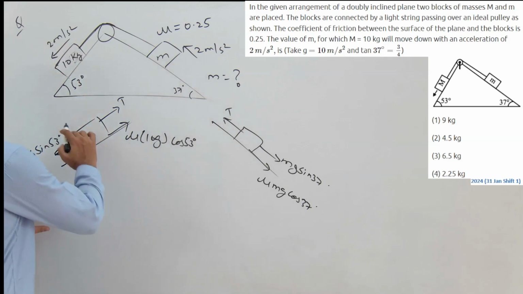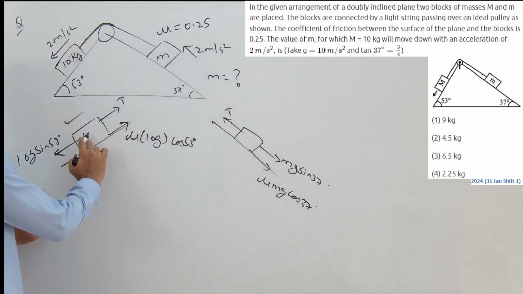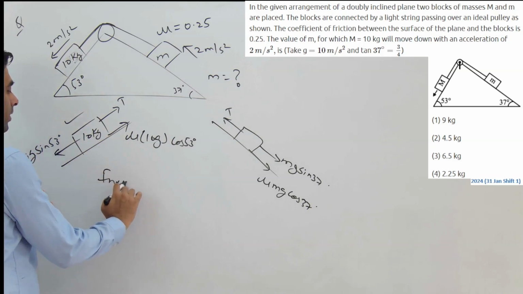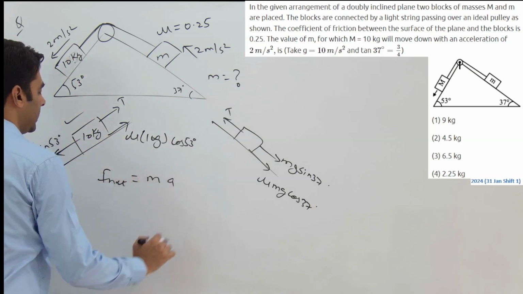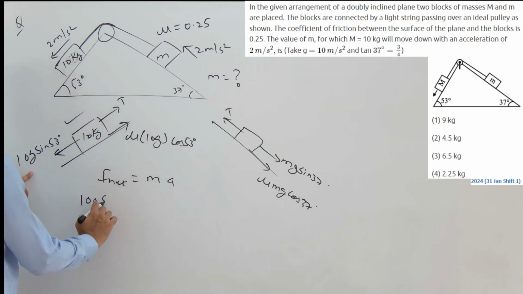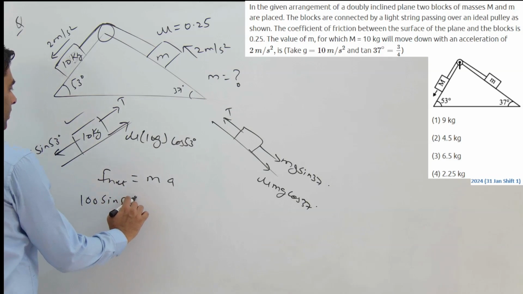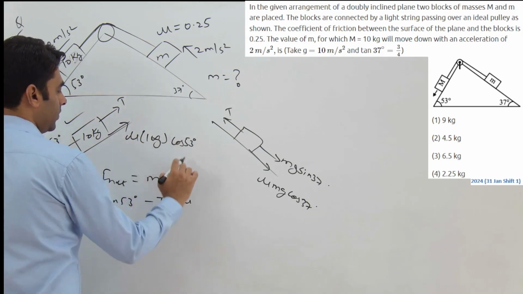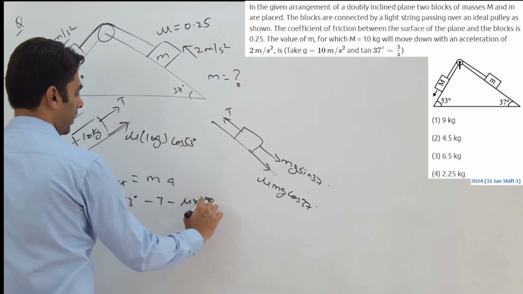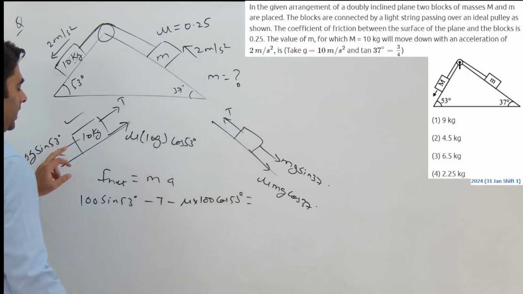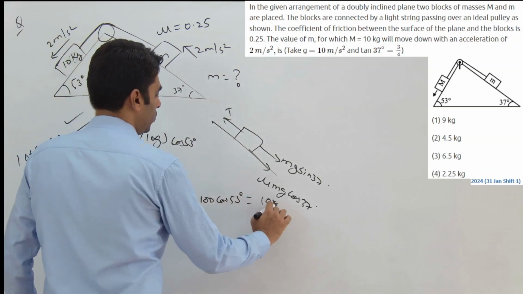Fine. Let's apply F net equals ma on the 10 kg block. How much will it be coming out? 10 g sin 53, that is 100 sin 53, minus tension, minus mu 10 g cos 53, that is mu 100 cos 53, equals mass into acceleration, 10 into 2.